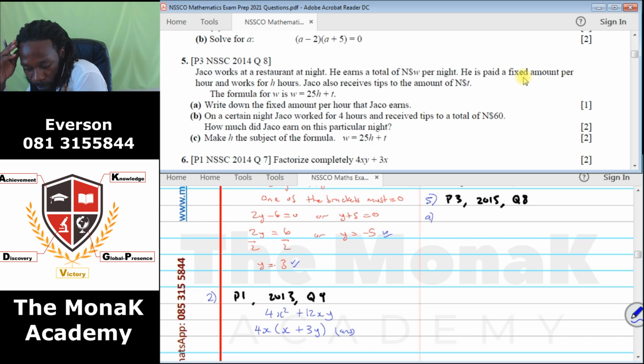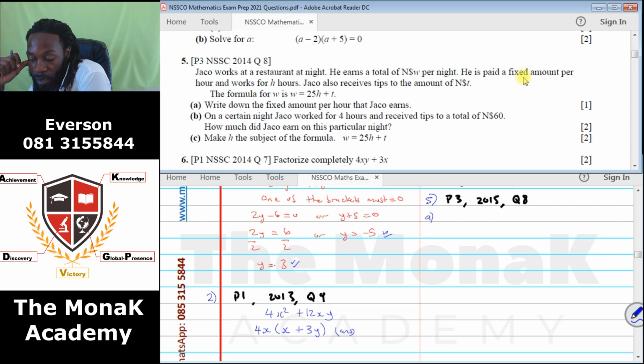Yako works at a restaurant. At night, he earns a total of W Namibian dollars per night. He is paid a fixed amount per hour and works for 8 hours.